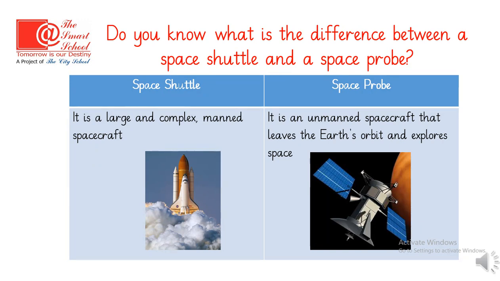So it means that a space shuttle needs a person or an astronaut to move or to work. However, a space probe is a computerized spaceship which does not have any astronaut inside.